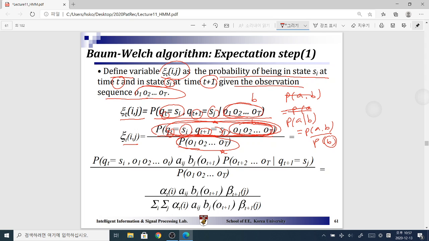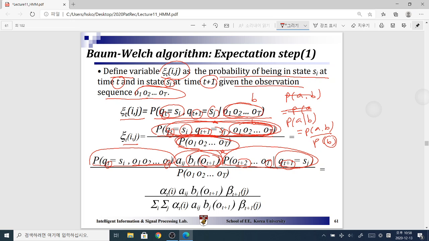But I just want to say that this is going to be equal to the product of the probability of state i at time t with the partial observation from 1 to t, multiplied by the probability of the partial observation sequence from t plus 2 to capital T, given that at time t plus 1 the state is j, and then also multiplied by the transition probability a sub ij and b sub j at observation t plus 1.